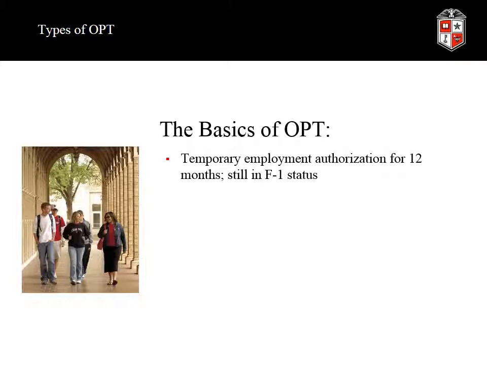This work permission is temporary and it will last 12 months. And during that 12 months, you are still in F1 status, though. You will be granted one period of OPT for each academic level.